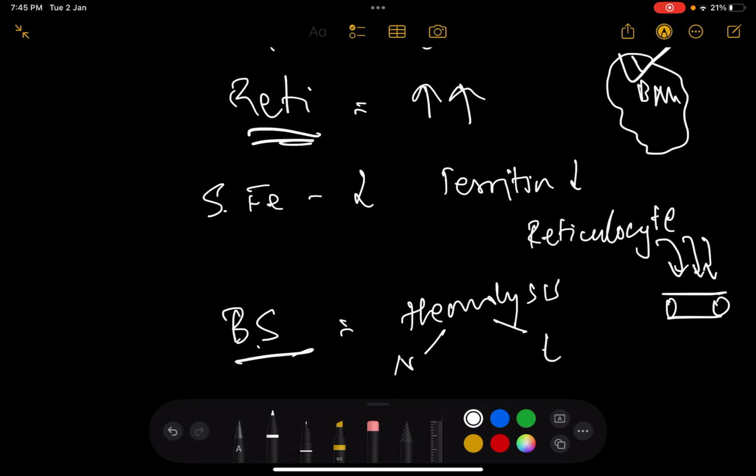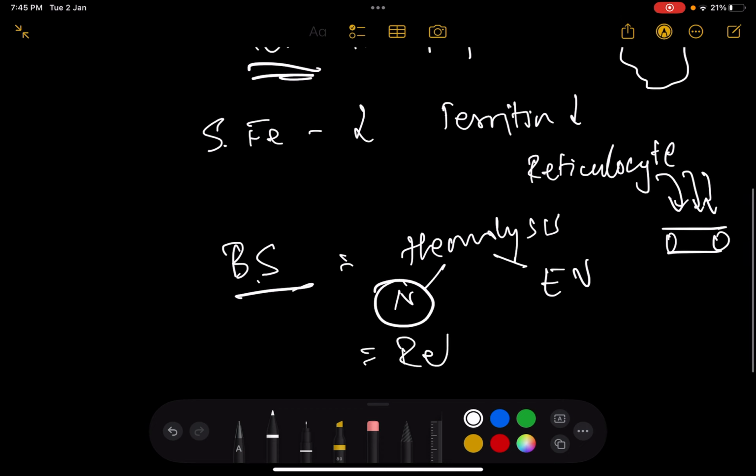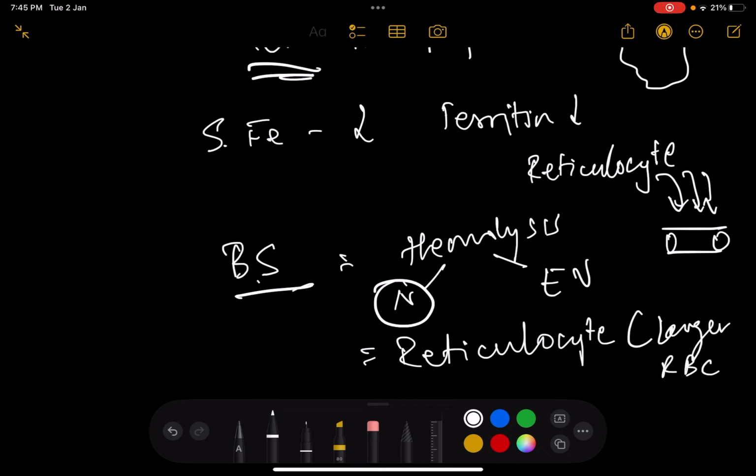Hemolysis could be intravascular or extravascular. If it's intravascular, you could very well see it. But if it's extravascular, you can't see it. But what you'd definitely be able to see is reticulocytes or larger RBCs. Now, that would push you towards something. These are things that should get into your head.